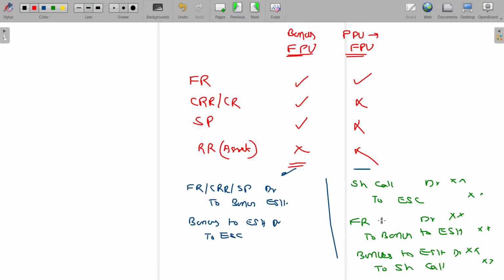Here what cannot be used? CRR and securities premium cannot be used.